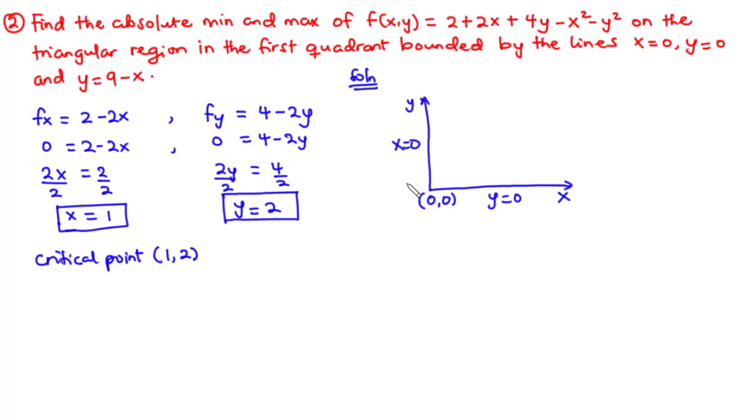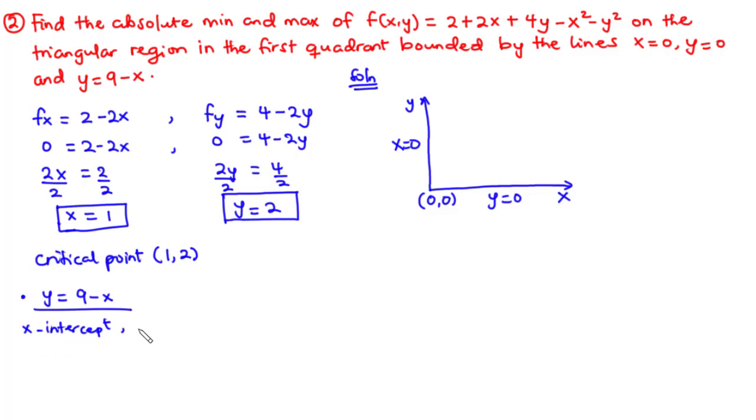Now, to find the endpoints on these two axes, that is the x-axis and the y-axis, we need to work on the line y equals 9 minus x. Now, for the line y equals 9 minus x, we need to find the x-intercept and then the y-intercept. So considering this line, to find the x-intercept, that is where the line cuts the x-axis.